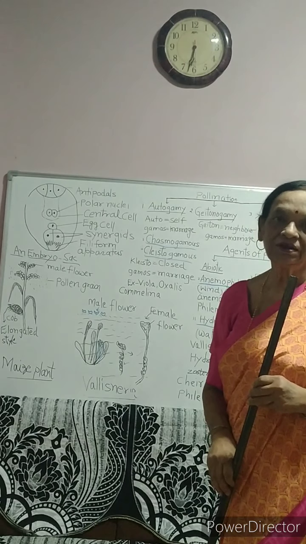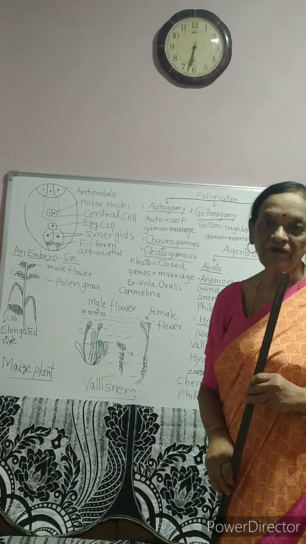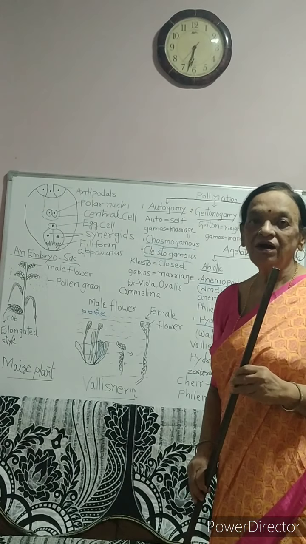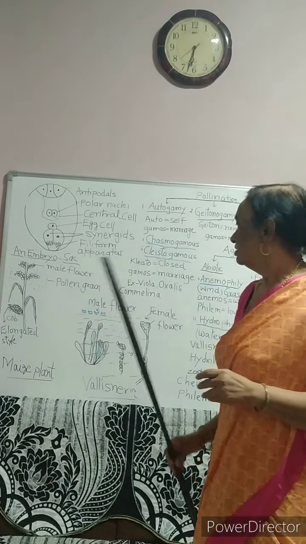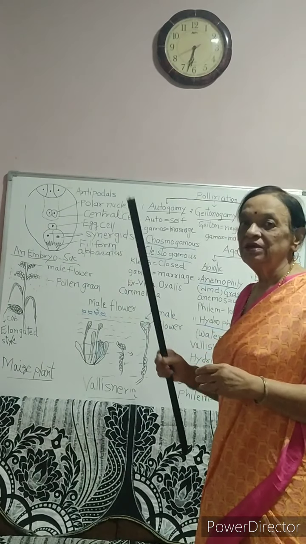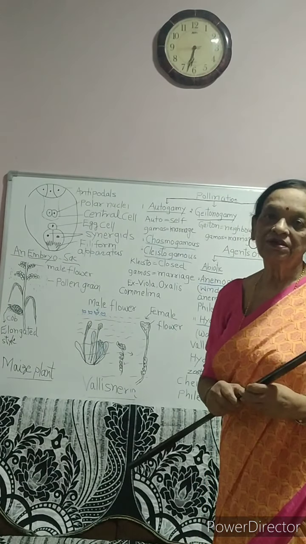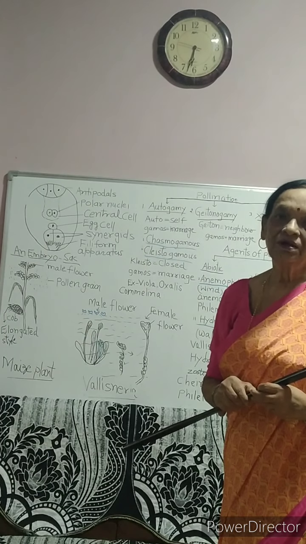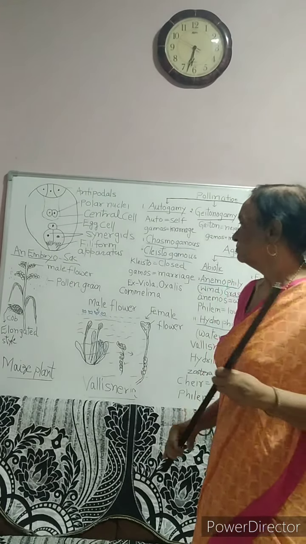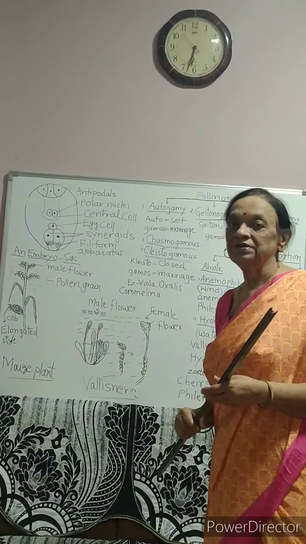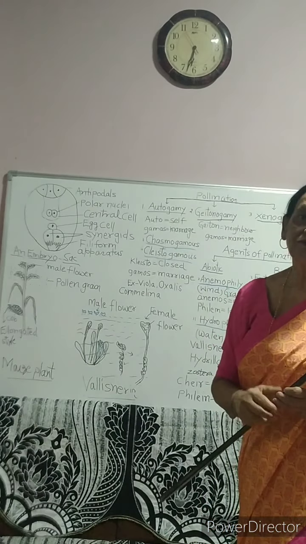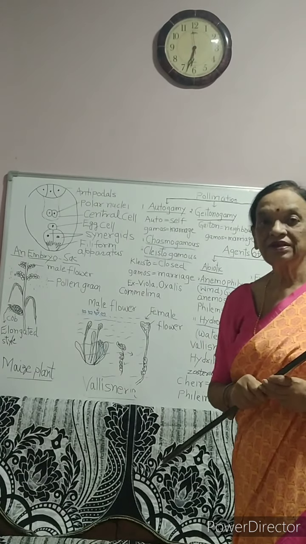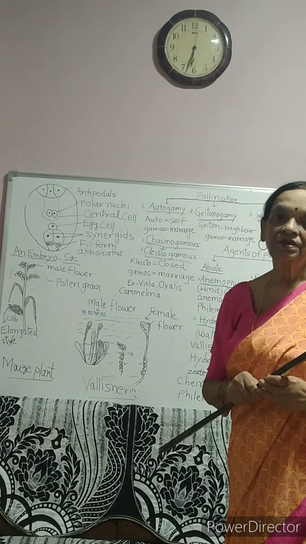Already you have studied that the male gametophyte develops inside the anther of the stamen, while the female gametophyte develops inside the ovule of the carpel or pistil. The male gametophyte in the beginning has 2 nuclei, one vegetative and the second generative.